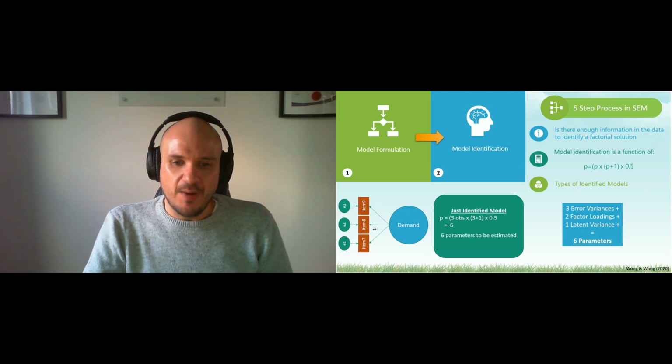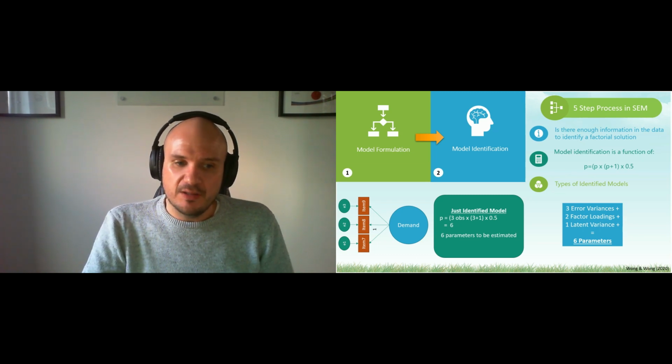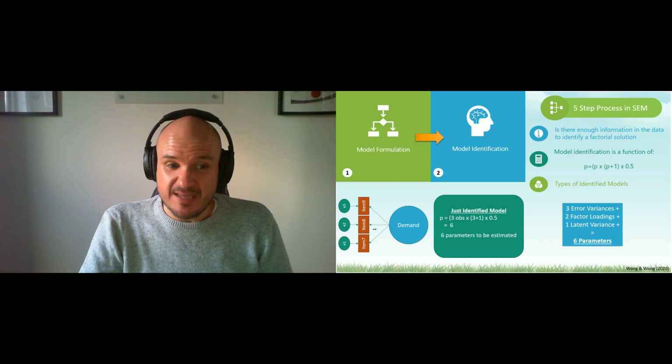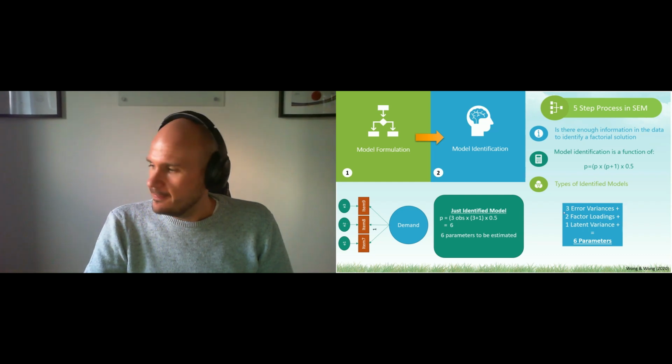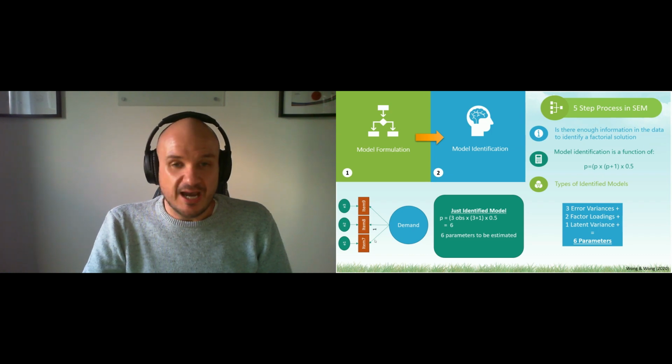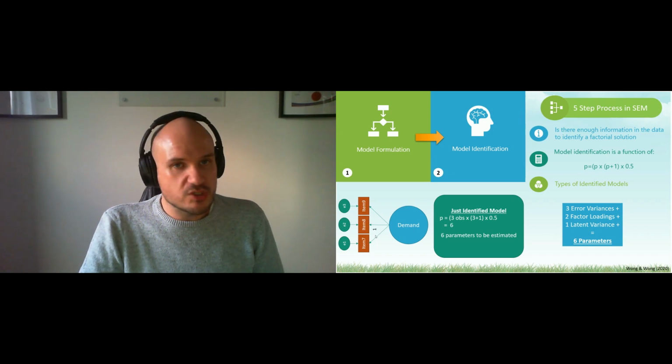But what do we want to estimate? We've got 6 degrees of freedom that we can use to estimate 6 things. But how many things do we actually have to estimate in this small little model? We have 3 error variances, E1, E2, E3. We have 2 factor loadings, for items 8 and 9. Why? Because for item 7, the factor loading is always constrained to 1.